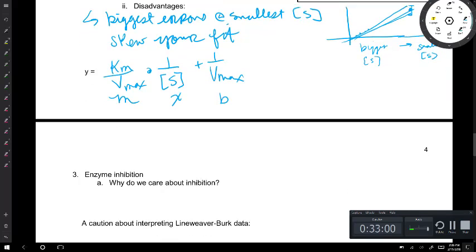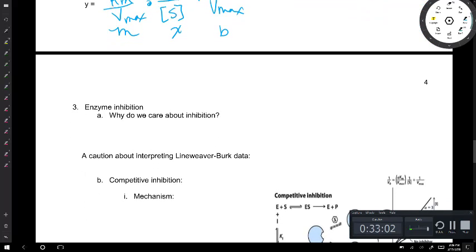So now let's talk a little bit more about enzyme inhibition. Why do we care about enzyme inhibition? I talked about this a little bit in the beginning, but many drugs are enzyme inhibitors.